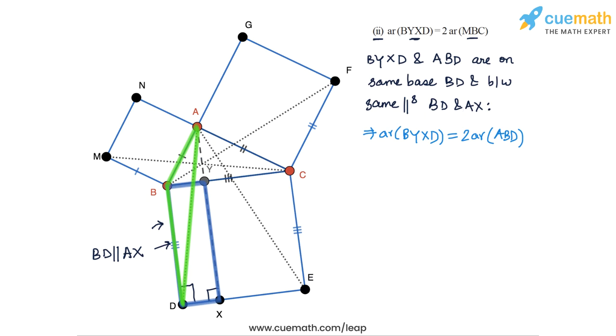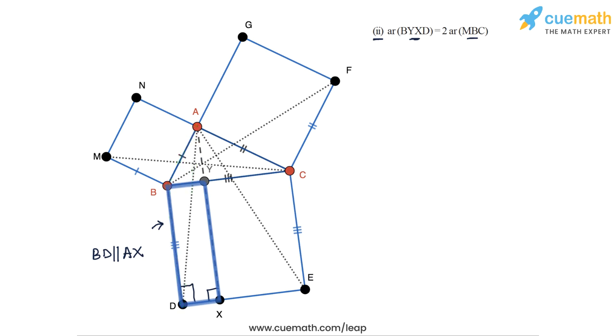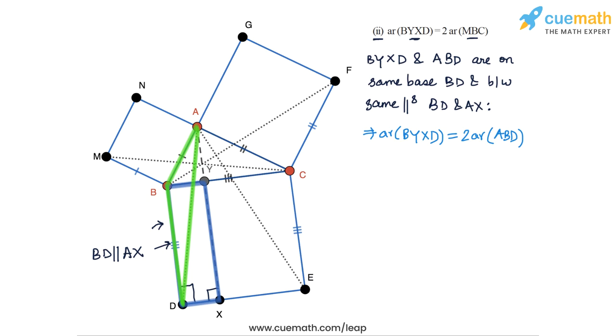Okay, now in the next step we will compare the area of triangle ABD with the area of triangle MBC. In the previous part we saw that these two triangles are congruent. So triangle ABD is congruent to triangle MBC, as we saw from part 1, and this means that their areas must be equal.